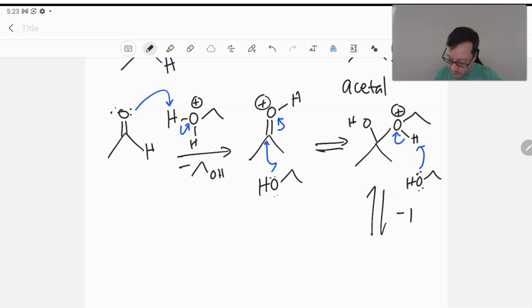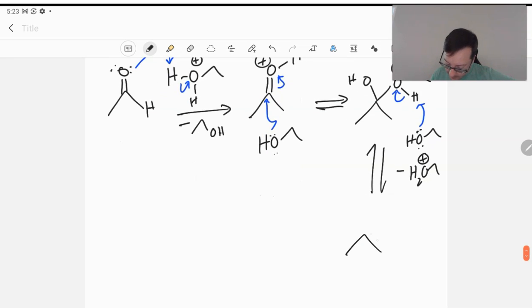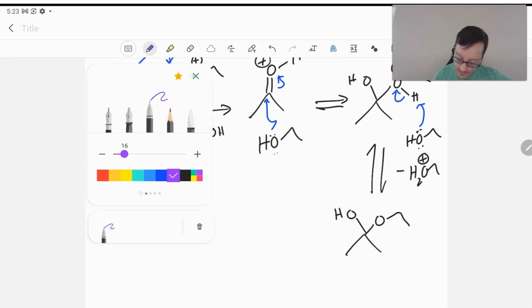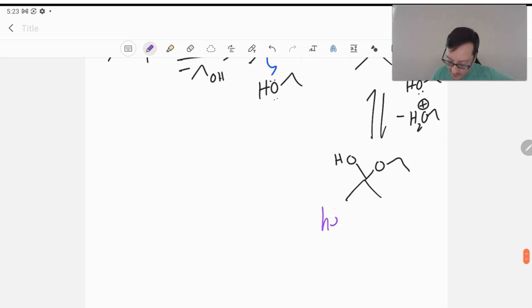We lose our protonated ethanol, so we have our acid back. And now we have this halfway-in-between molecule. This one has a special name. This is called a hemiacetal.